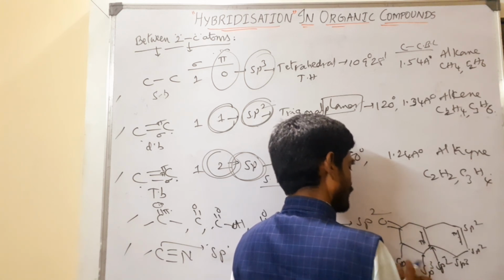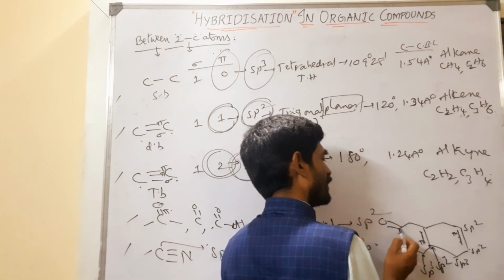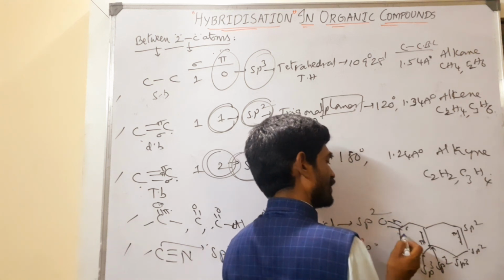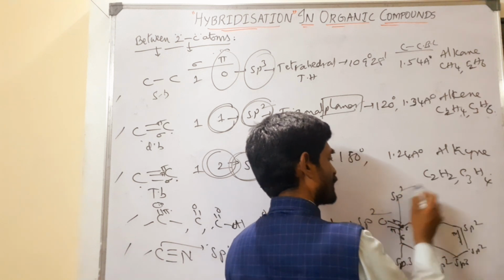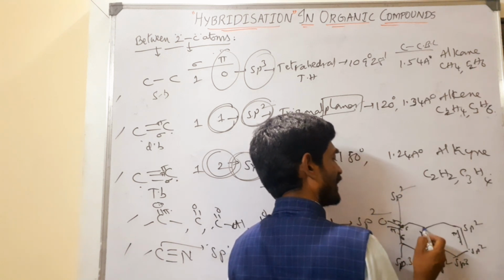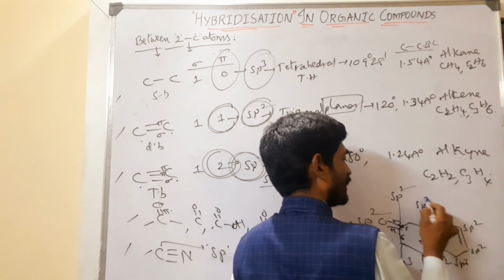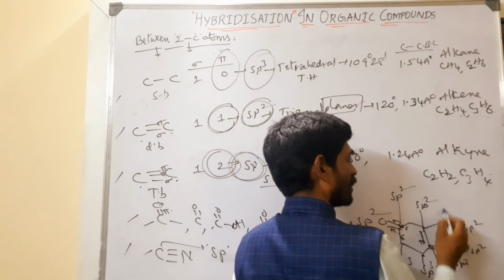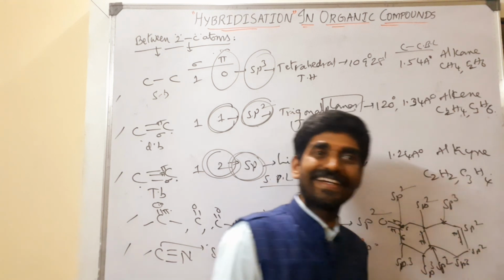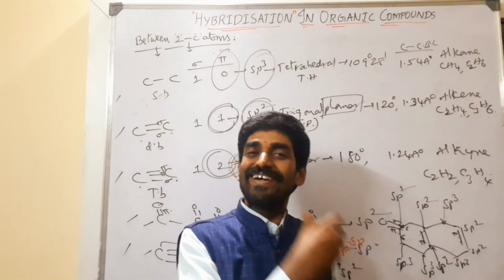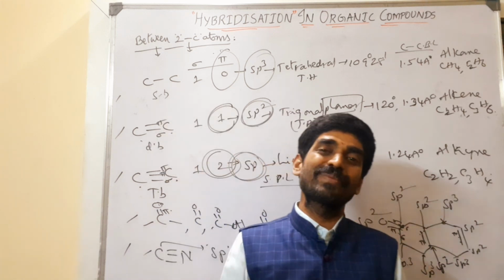Next, another carbon: here carbon-oxygen, sigma, sigma, sigma, but one pi bond is present, so this carbon undergoes sp2. And this carbon has one pi bond, so it undergoes sp2. And this carbon has no pi bond, all are sigma bonds, so it undergoes sp3. Is it clear? This is the way you have to find out the type of hybridization. Thanks for watching my video.